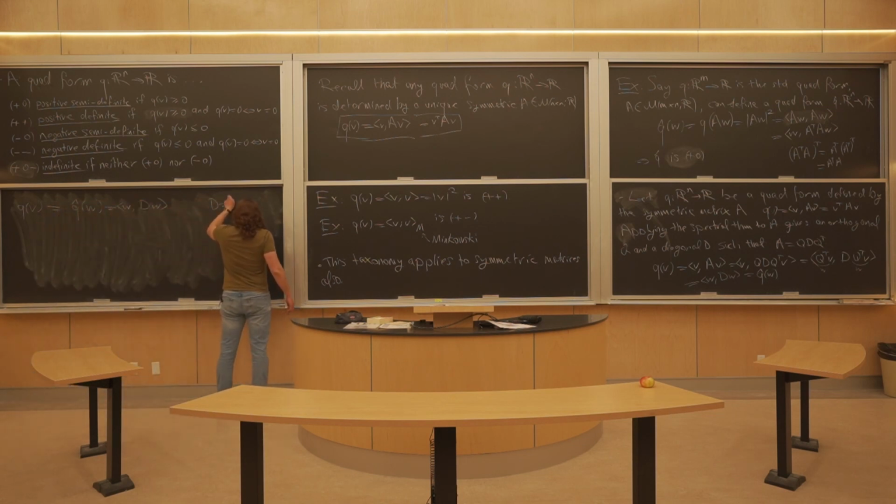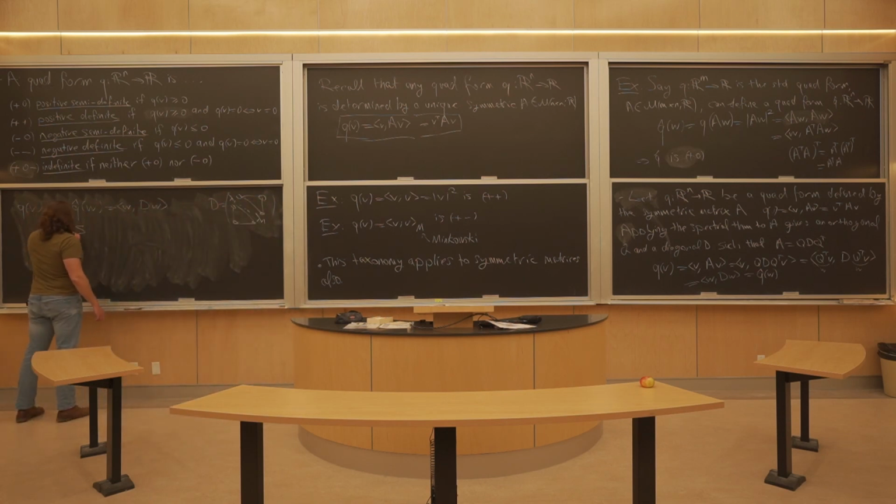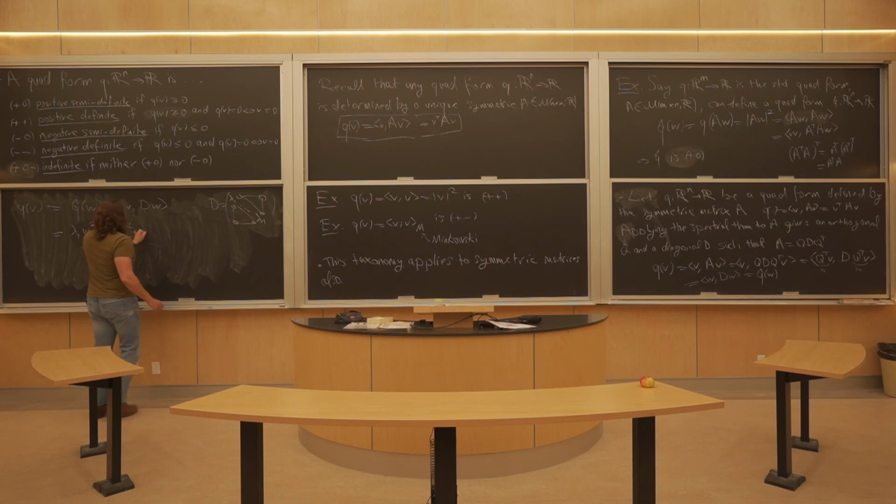So let's say that D is like this, lambda 1 to lambda n, and everything else is 0. Well, what is this then? Let me write it explicitly. This is lambda 1 times w1 squared plus lambda 2 times w2 squared, and so on.